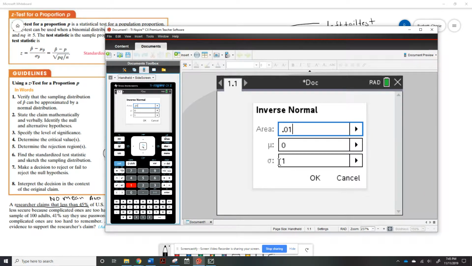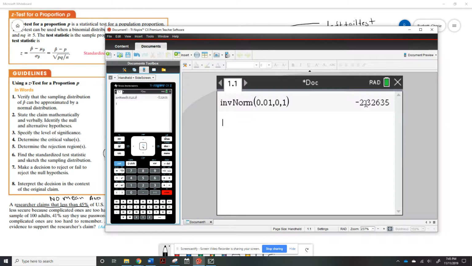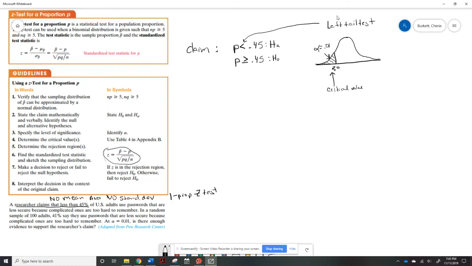And we're on the Z axis, so that's 0 and 1 staying there. Tab down to OK. And that gives me my Z value of negative 2.3. Usually do 2 decimal places, so I'm going to do negative 2.33. So my critical value is negative 2.33.